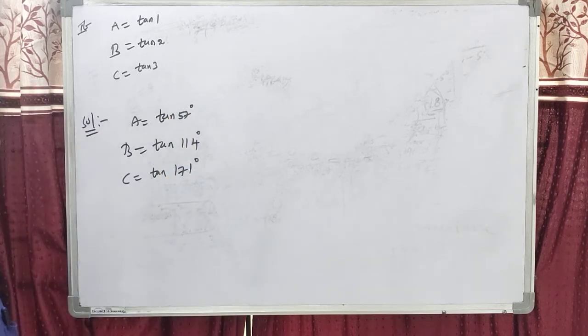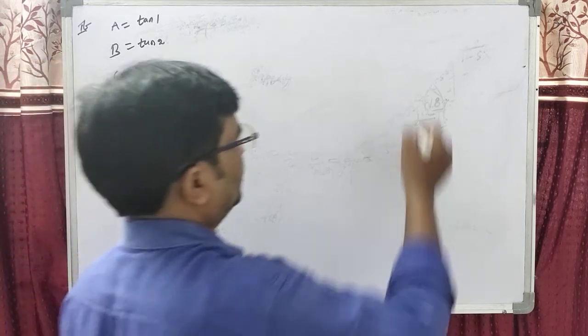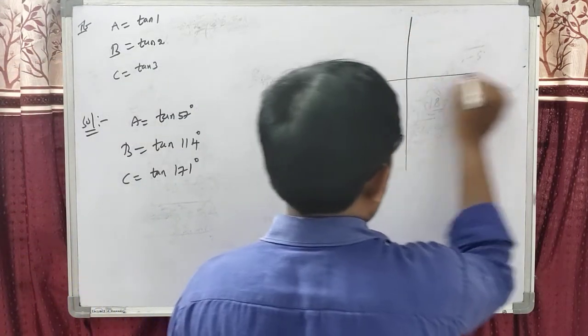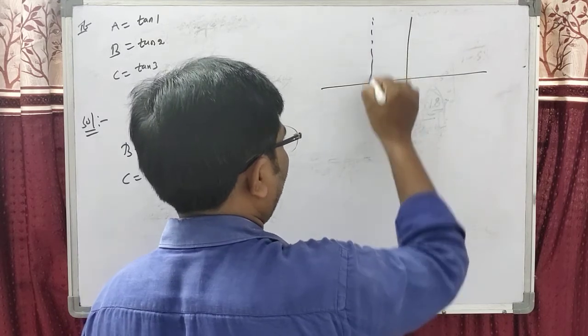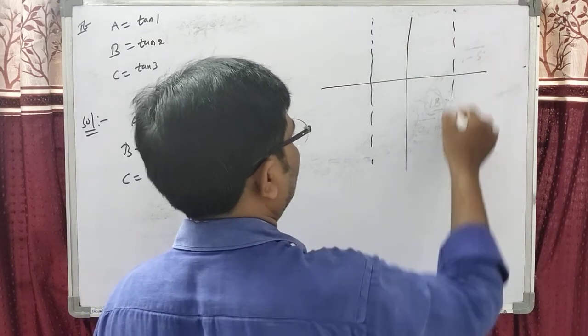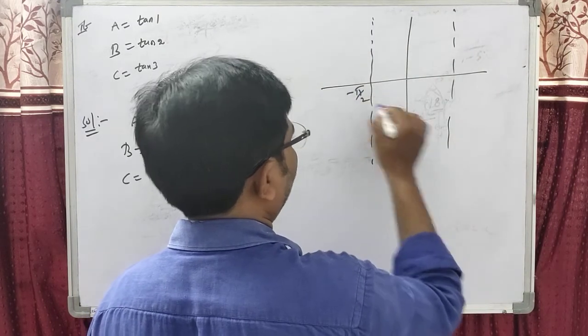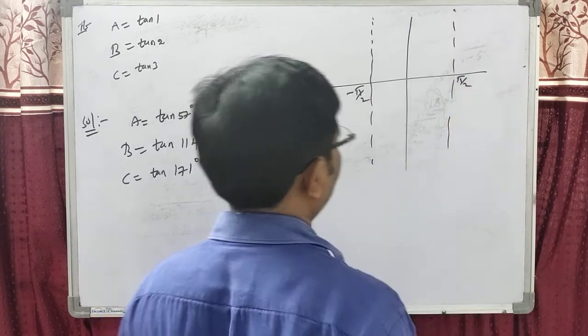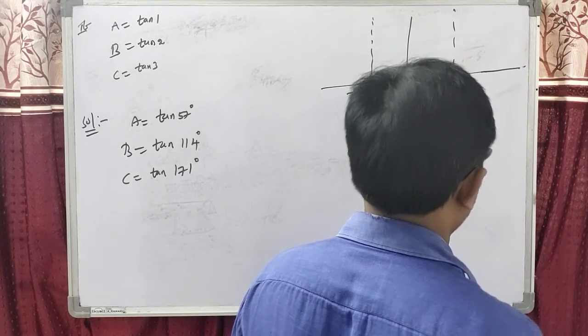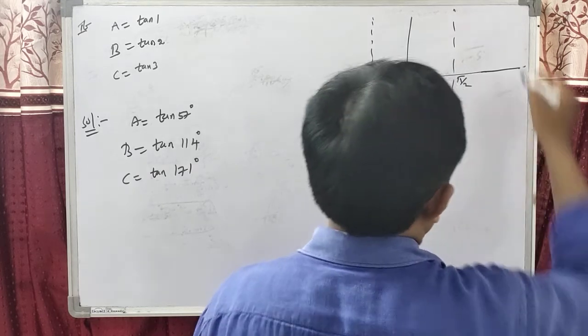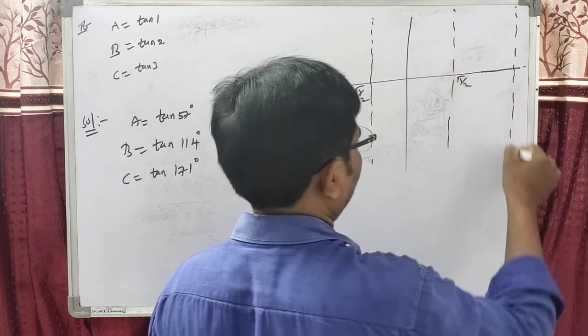My dear students, let me observe the graph in between. What is going on in between? Suppose this is minus 90, this is 90, and this is 3 pi by 2.